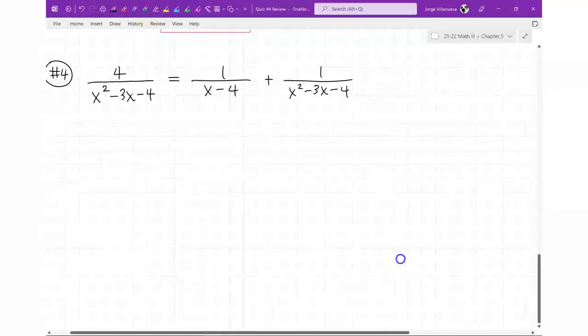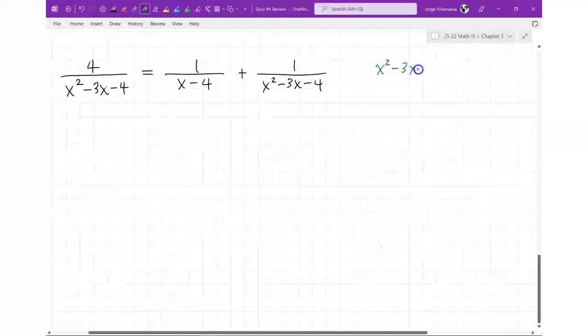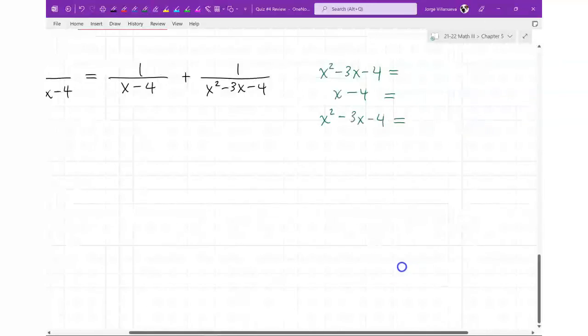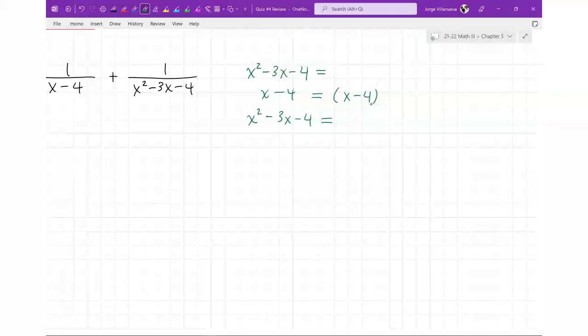So let me write all my denominators here. I have x squared minus 3x minus 4, x minus 4, and x squared minus 3x minus 4. I'll start with the easy one, the one in the middle. There's nothing I can do with that one. That's just x minus 4. The top one, which is the same as the bottom one, okay?